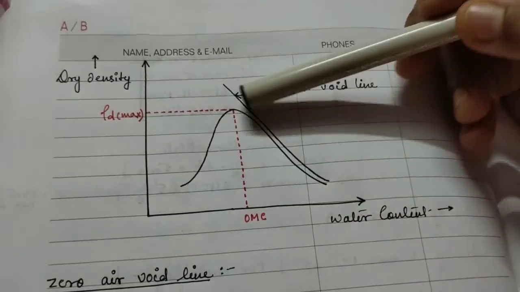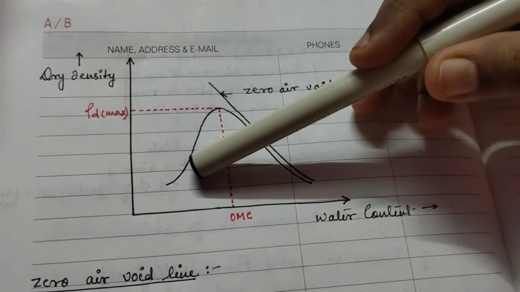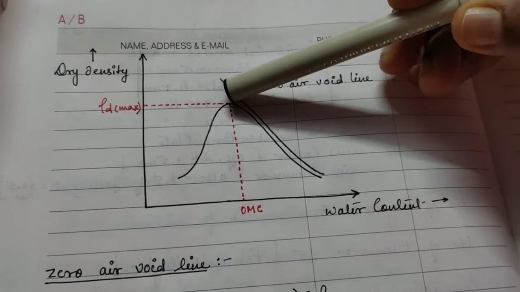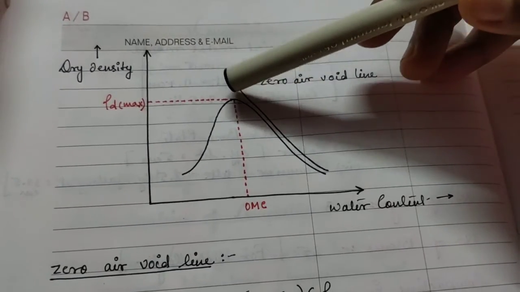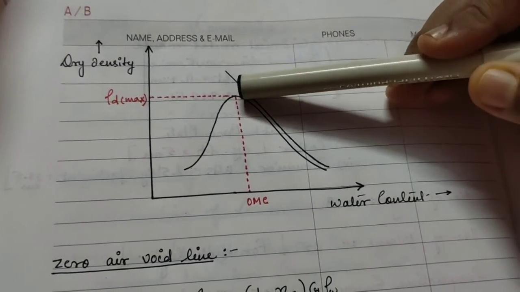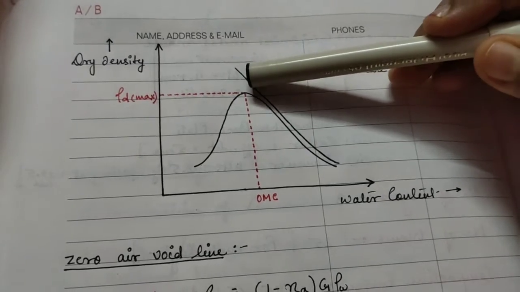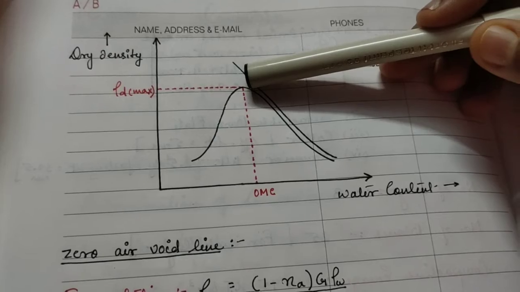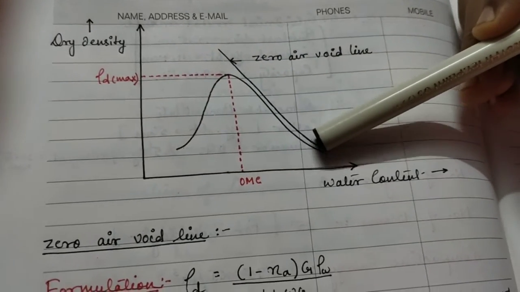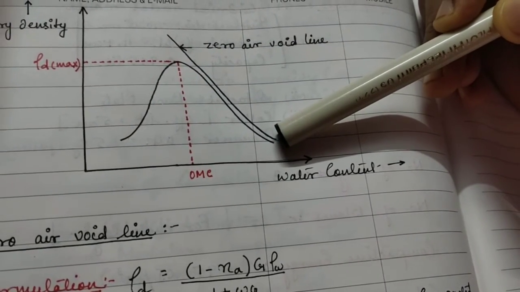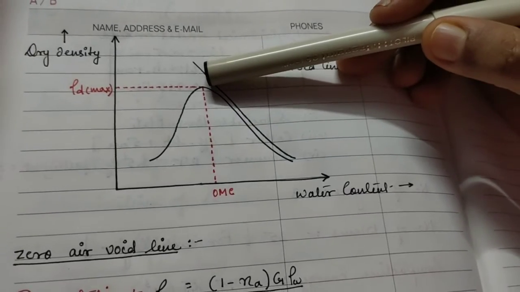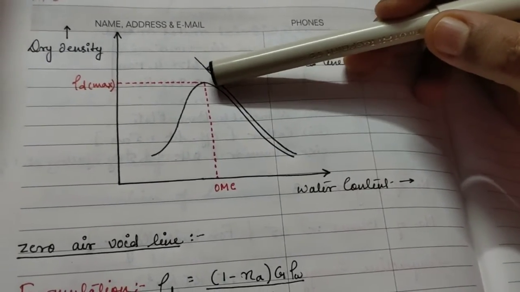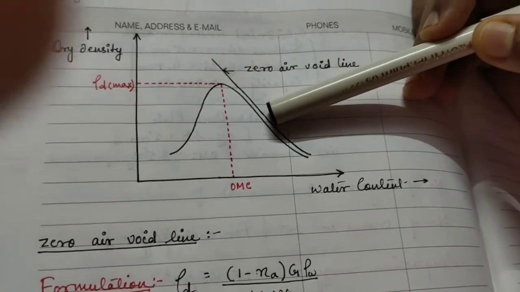So as we can see in the curve, the dry density goes on increasing as the water content increases till a maximum point is reached. You can easily see a point after which, on increasing the water content, the dry density goes on decreasing.